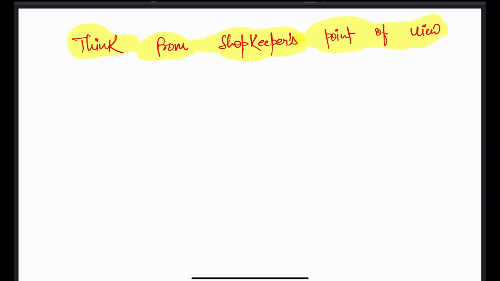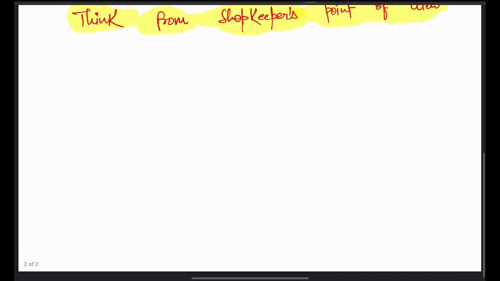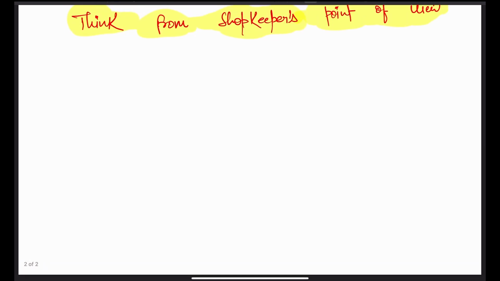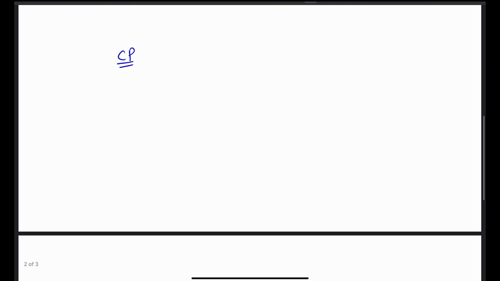Okay, so first of all, let's understand how it is working. So suppose there is a commodity which costs the shopkeeper 1000 rupees. If I am a shopkeeper, I purchase a commodity.